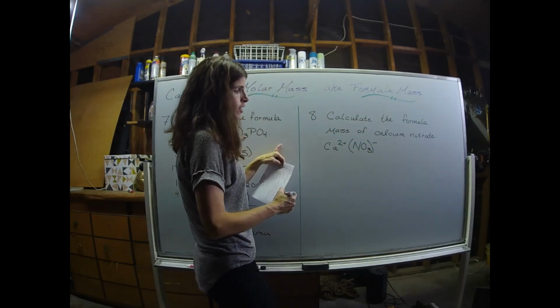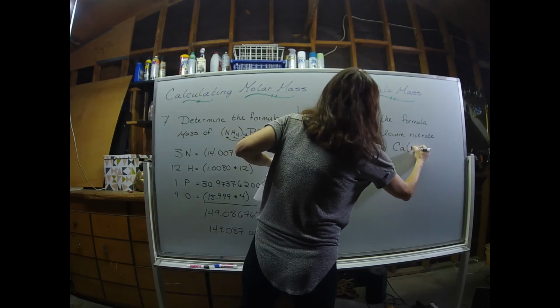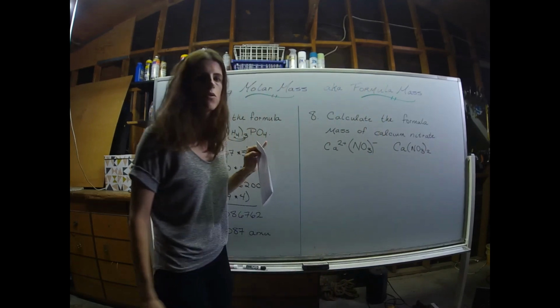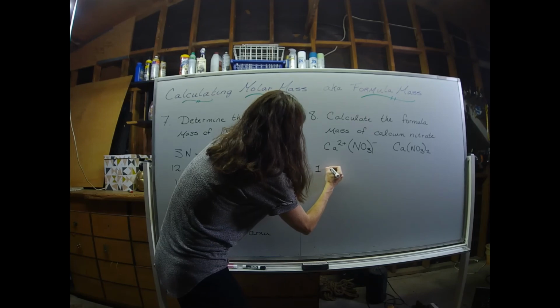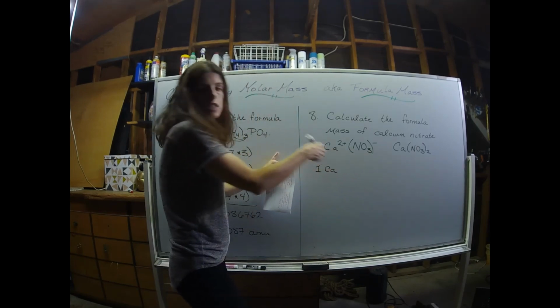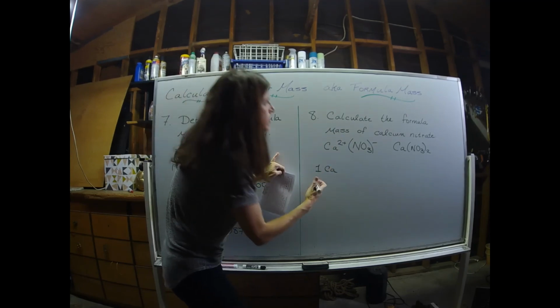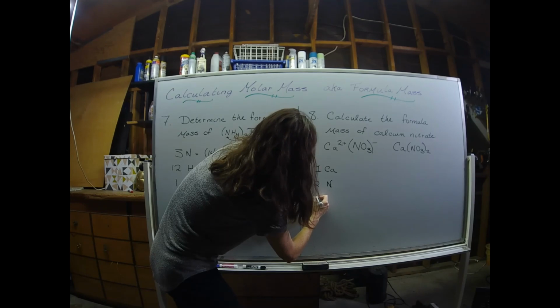And so when I crisscross this, I get Ca(NO3)2. So for my math here, I have 1 calcium, and I'm going to distribute that 2 to both the nitrogen and the oxygen. So I'm going to have 2 nitrogens and 6 oxygens.